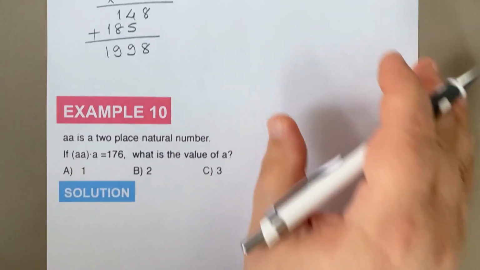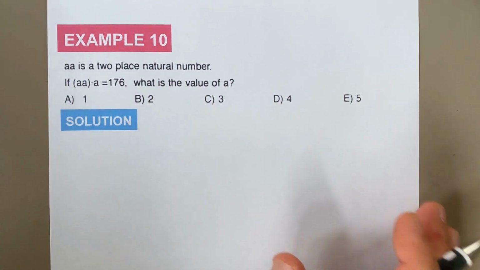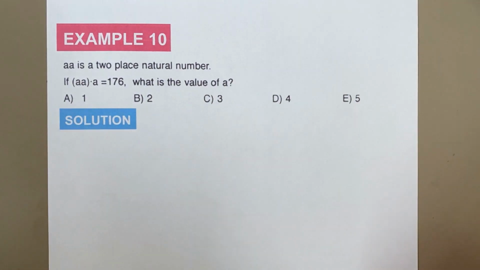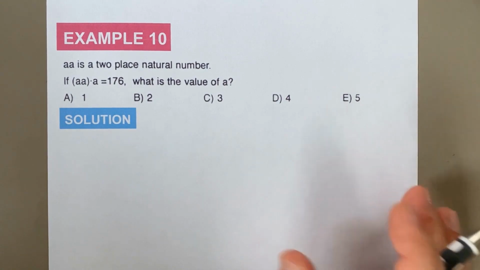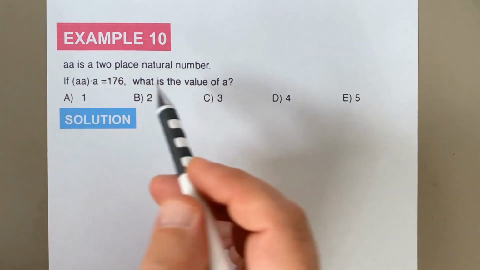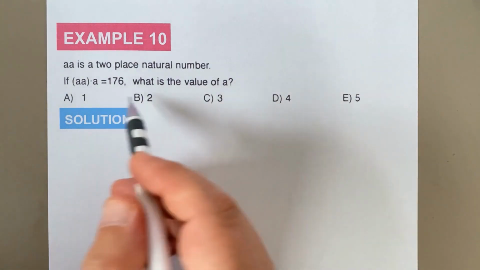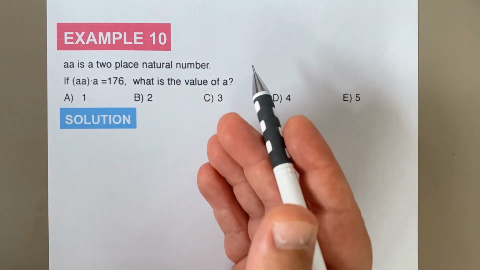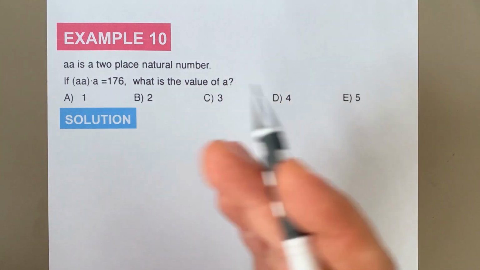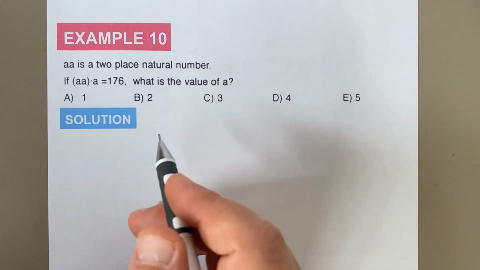Let's move on to our next example. When we look at the question, AA is a two-digit number. An equation is given. It says it's a natural number, and it's asking what A is. Again, when it says two-digit, analysis comes to my mind.